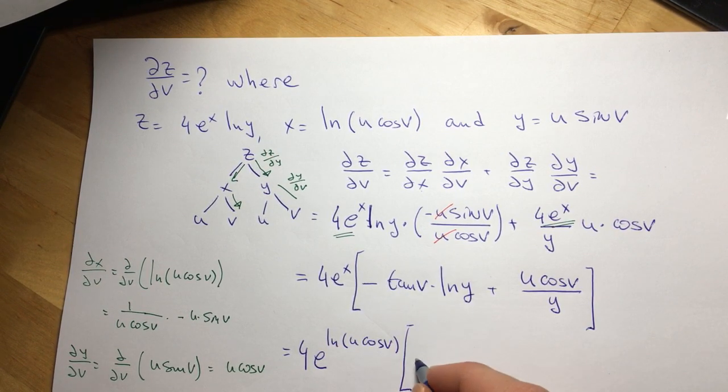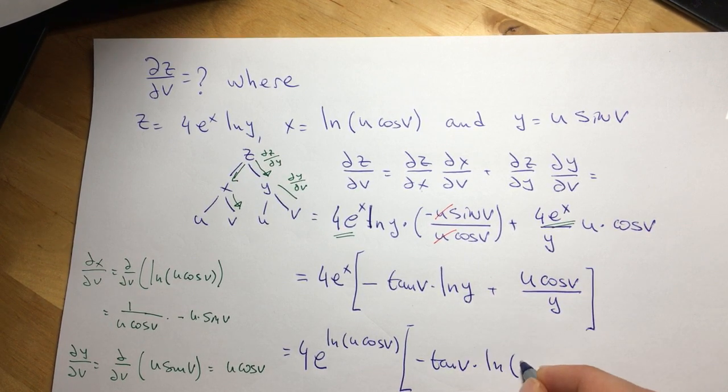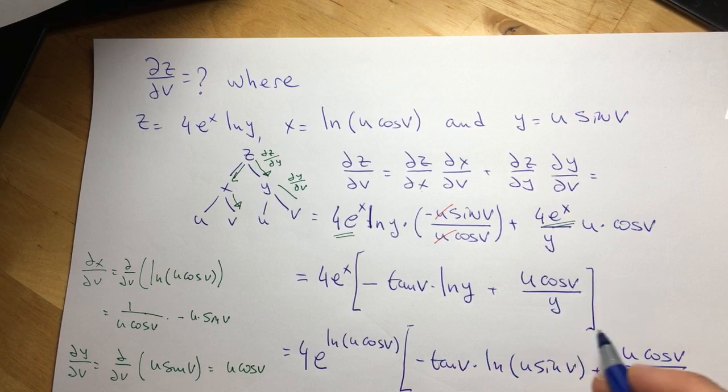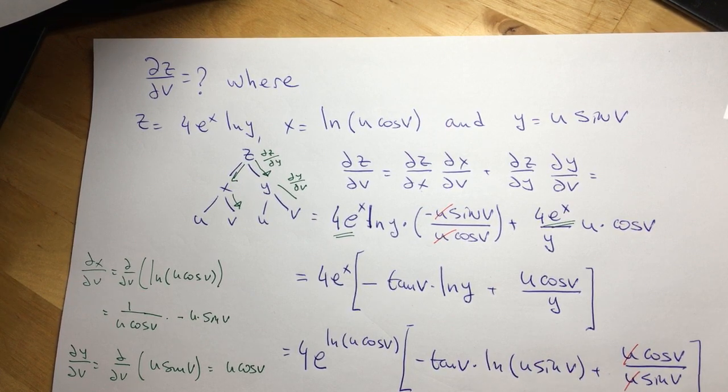And here I have negative tangent of v times ln of u sine of v plus u cosine of v over y, which is u sine of v. And the only thing that we can cancel is here u, so the final answer is, right, e to the power ln of u cosine of v is just u cosine of v.